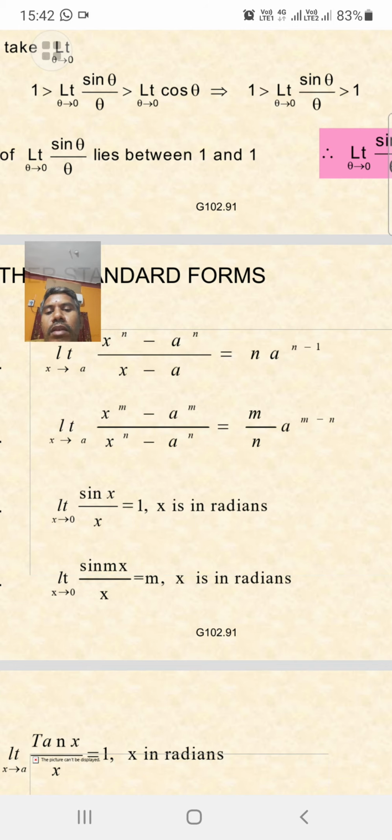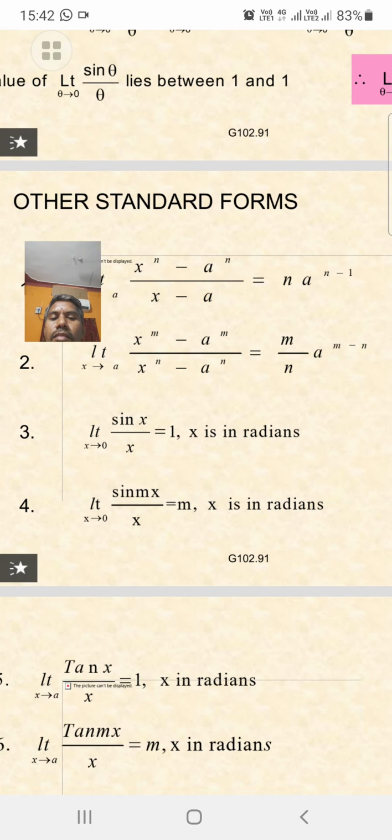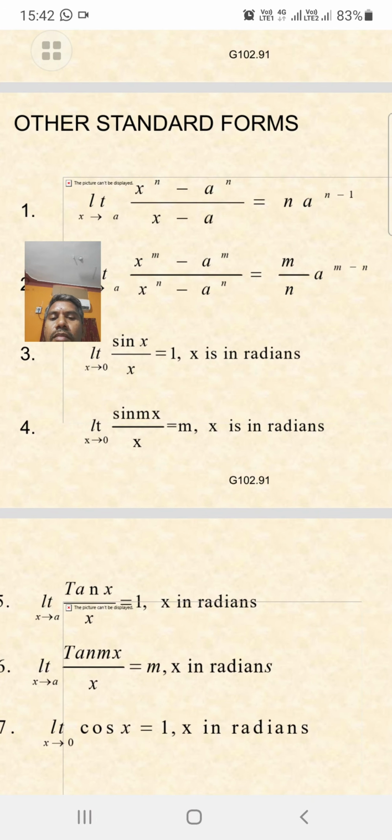Third one, limit x tends to 0, sin x by x equals 1. Fourth one, limit x tends to 0, sin mx by x equals m.